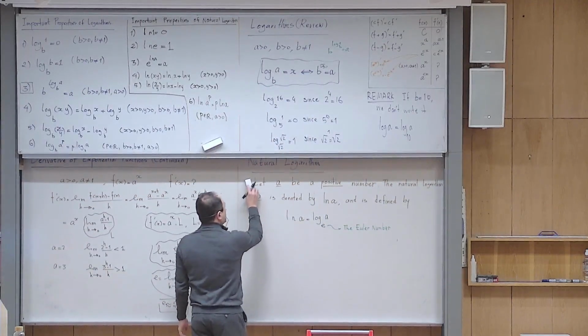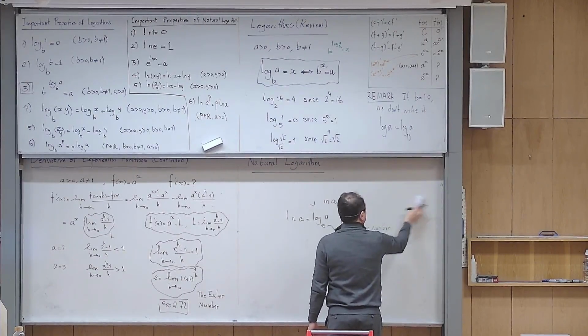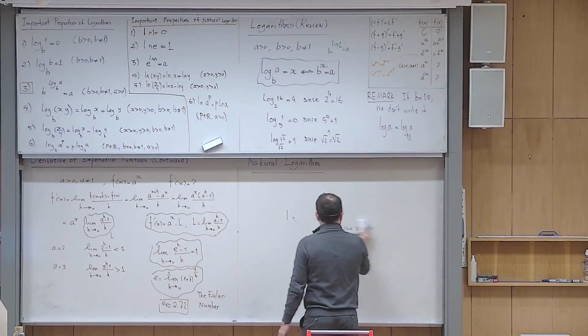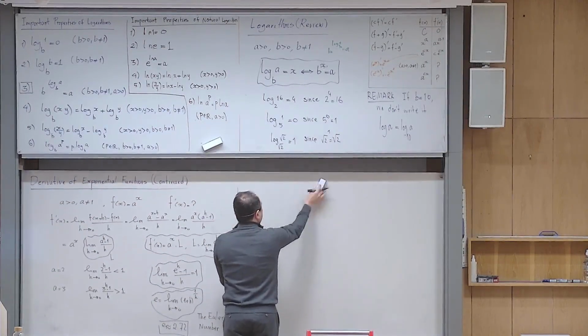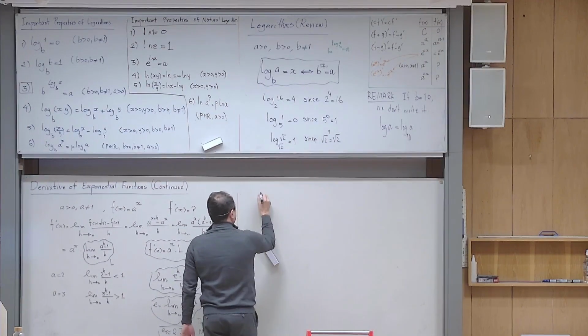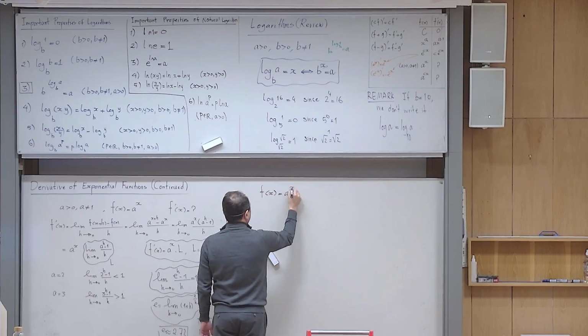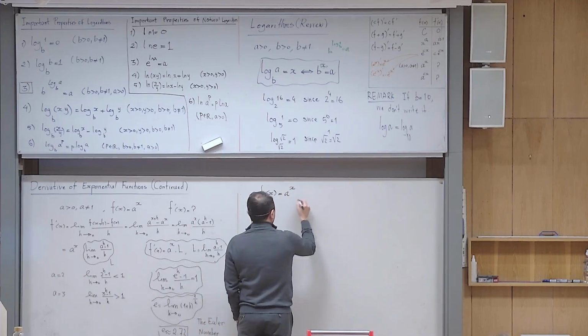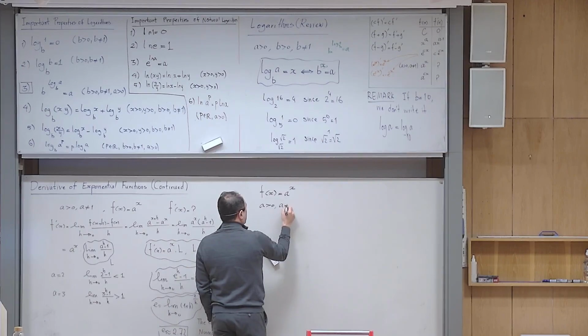So let me clean this. And now let us go back to our question. Let me write the question again here. The question was this: f of x is equal to a to the power x, where a is positive and a is not equal to 1.